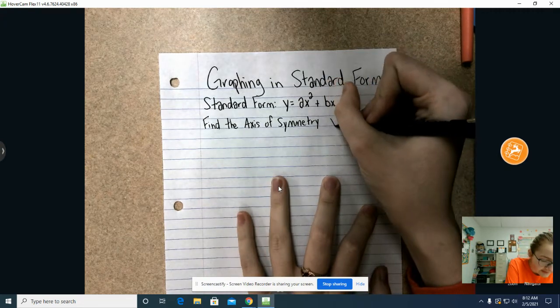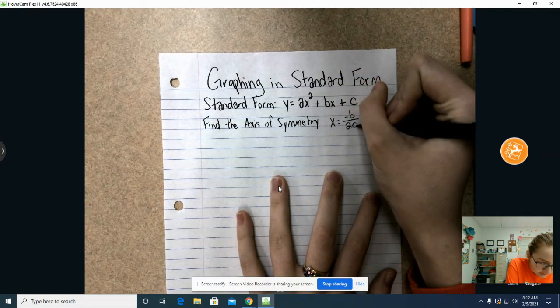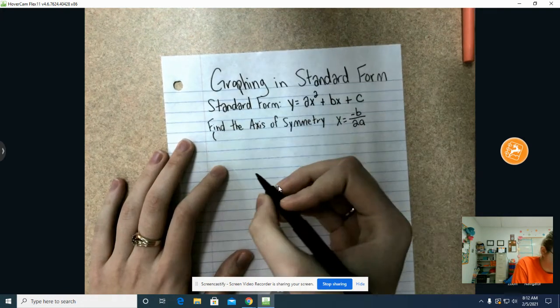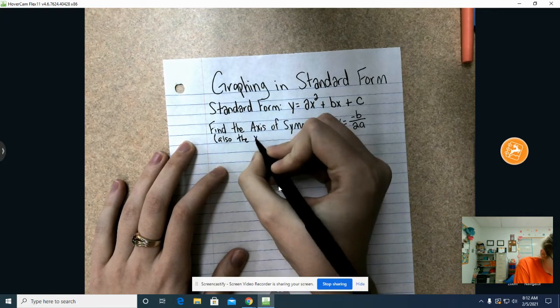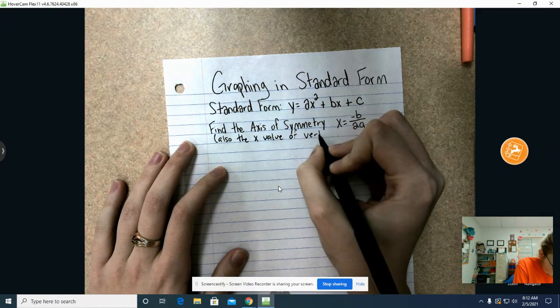So the way that you find that is x equals negative b over 2a. So you might want to make a note to yourself that this is also the x value of the vertex.